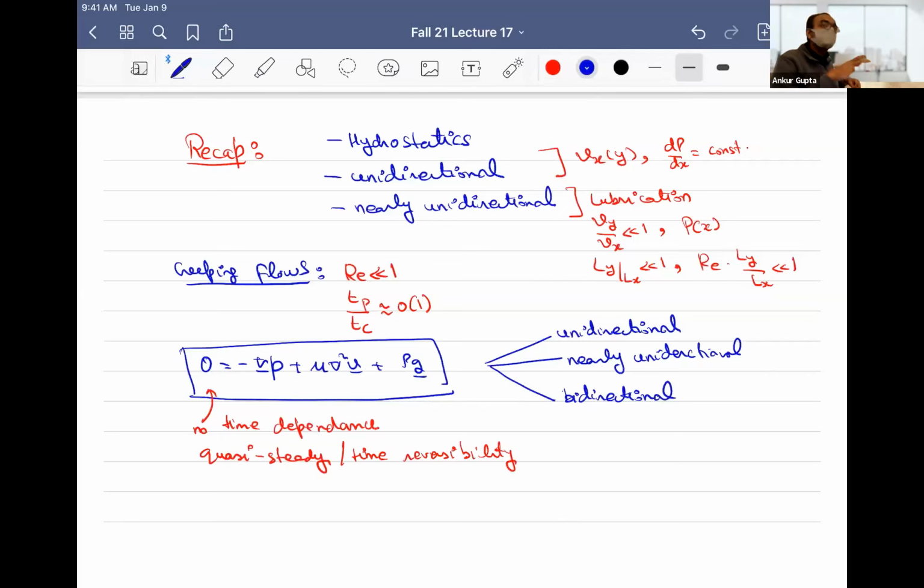In lubrication 2, Montana had a full lecture on force calculation. Recall that we discussed how much normal force the fluid layer in a ball bearing will apply, and that with a higher viscosity and lower gap you have a higher force, so you can support more weight in lubrication approximation. Then last time we started with creeping flows, where the Reynolds number is much smaller than 1.